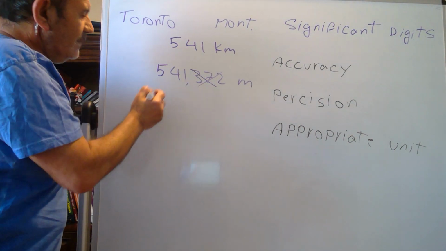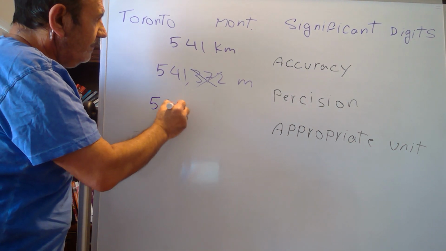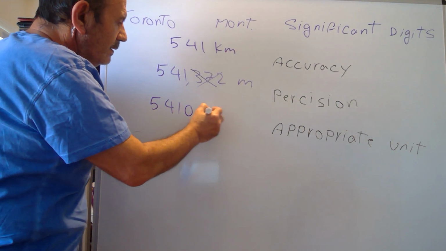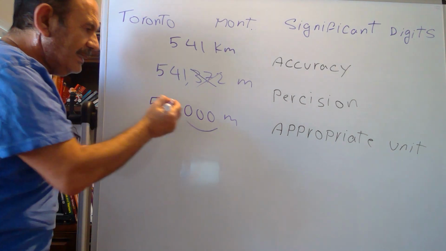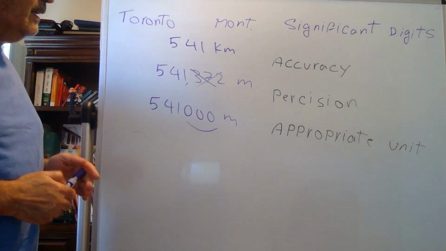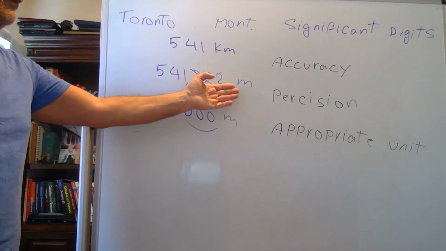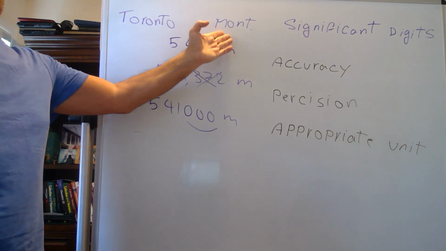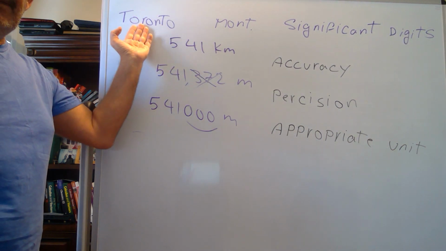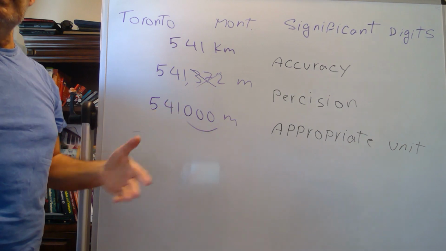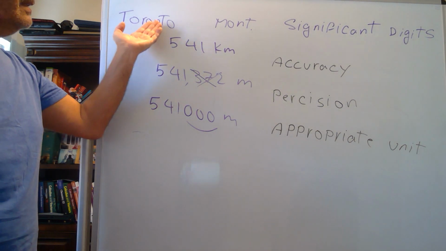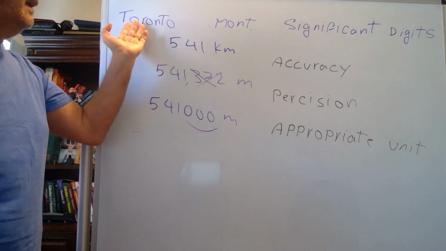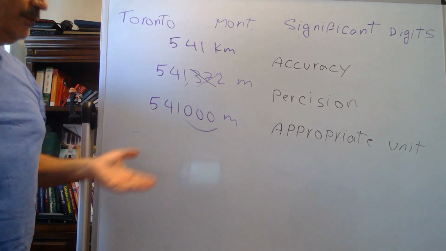Even if I write 541,000 meters, again this doesn't make sense. So we say the meter is not an appropriate unit for measuring the distance between two cities. We use kilometers to measure the distance between two cities.